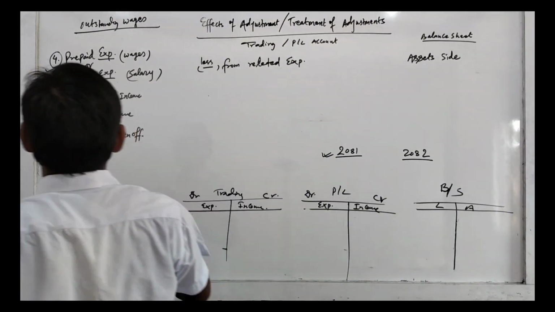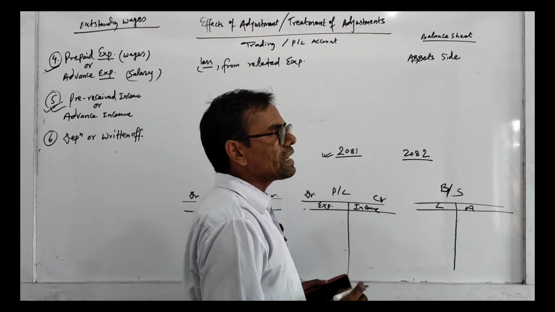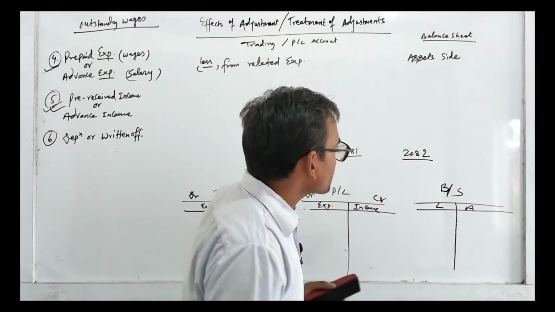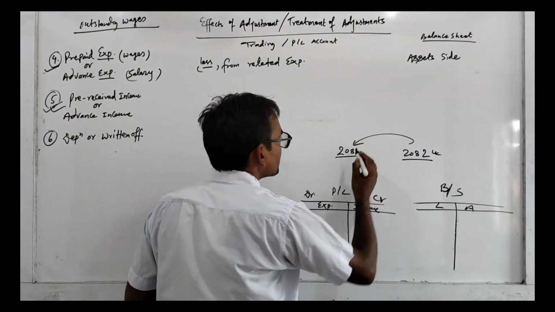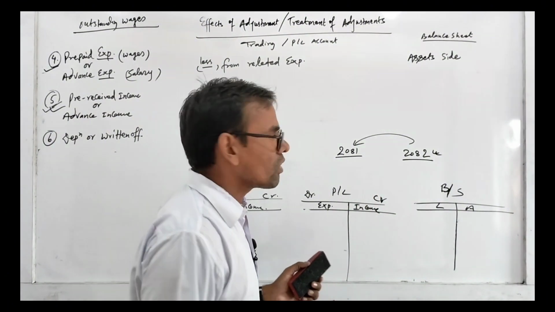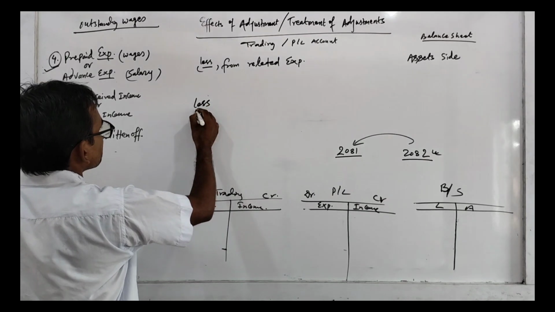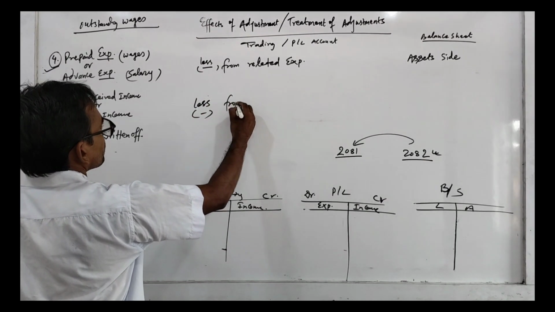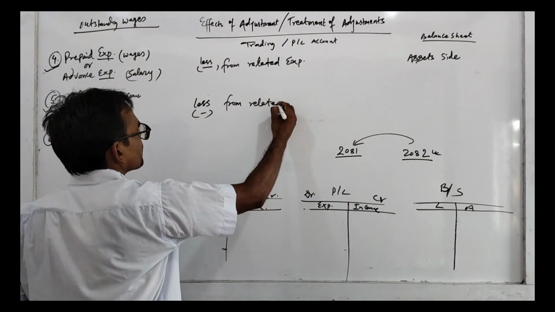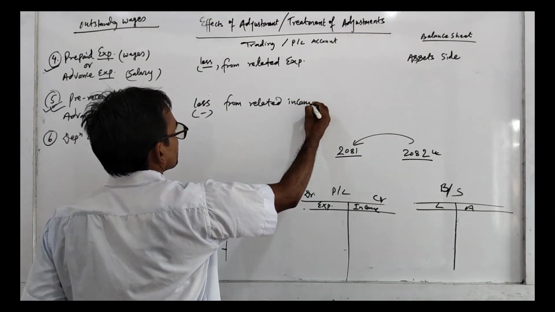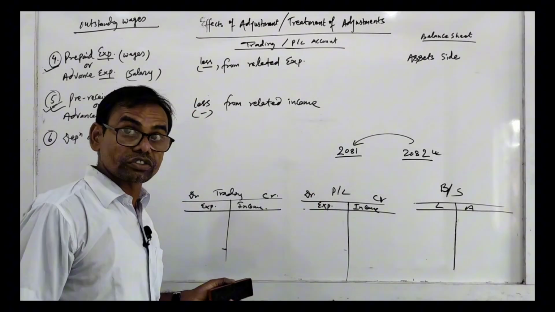Similarly, if it is pre-received income, so pre-received income means this is income of 82, but wrongly it is received in 81. So what will you do? You will less minus from related income, either from trading account or profit and loss account.